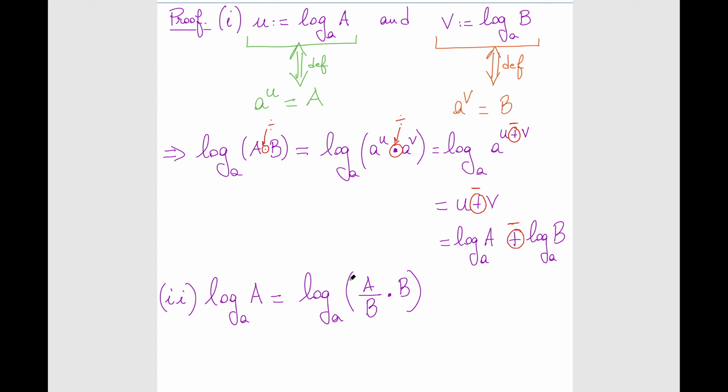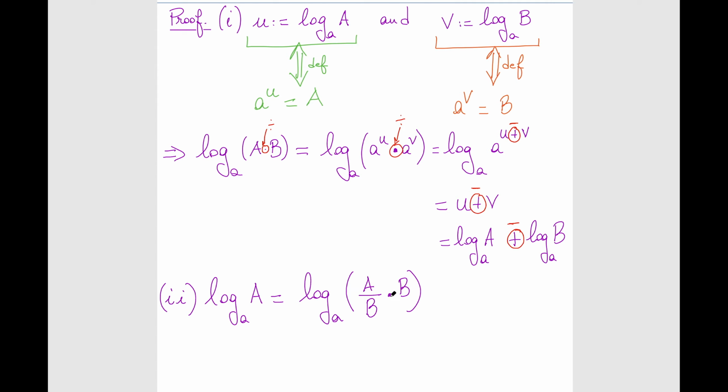What I've done here is I simply rewrote A as A divided by B times B. This is the same thing as A, right? B divided by B is still 1, so this whole thing is A. So I haven't changed the value of this argument. This is still A. Okay?